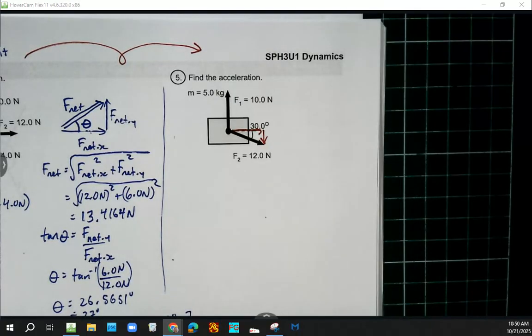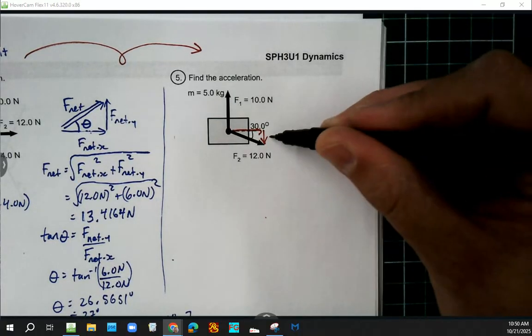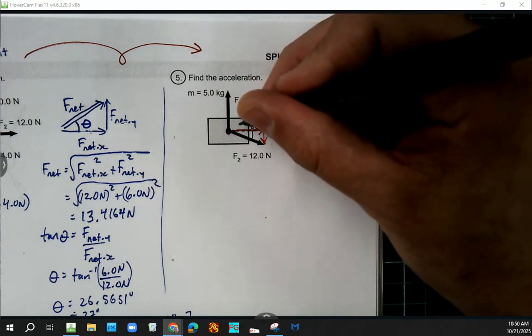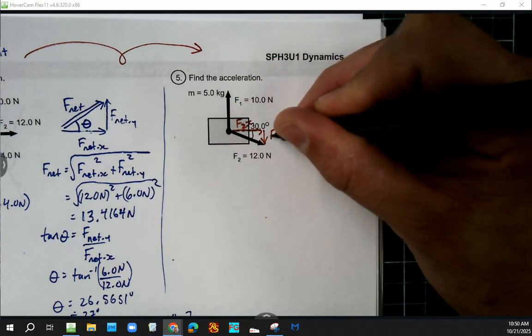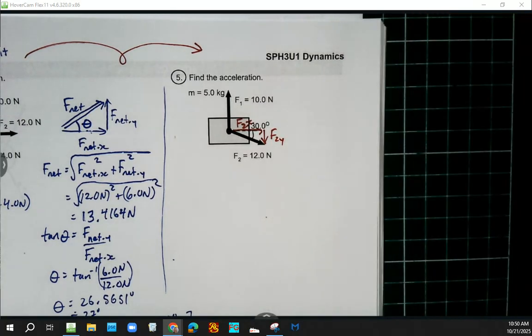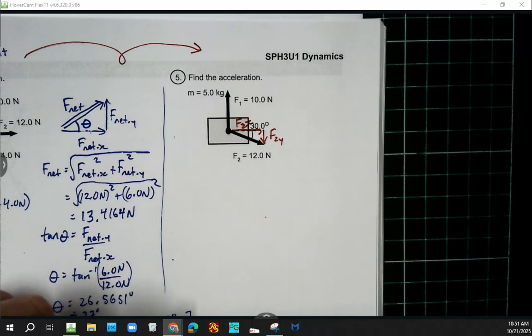As was suggested, we've got to break this down into X and Y components, which means I'm going to have an F2X and an F2Y. It's hard to see my writing because the diagram is so small.